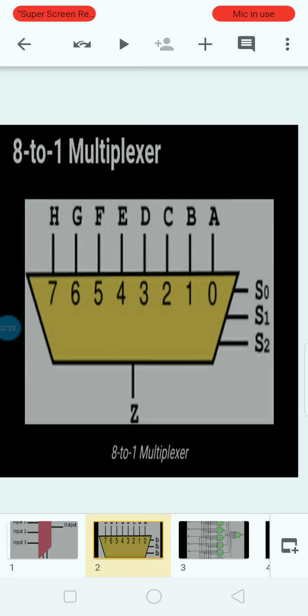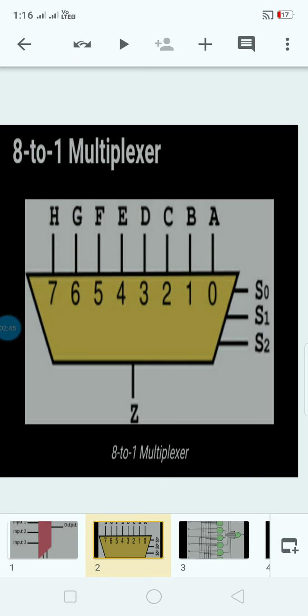Just look at this multiplexer circuit diagram. For each combination of selection inputs, the corresponding data line is connected to the output line. The circuit shown is an 8 into 1 multiplexer.